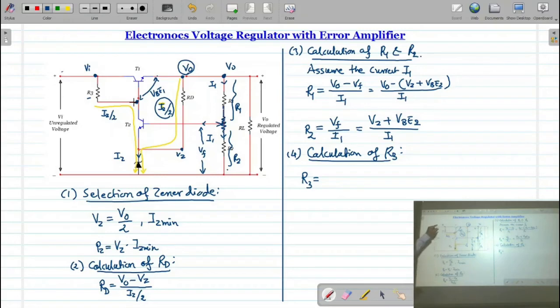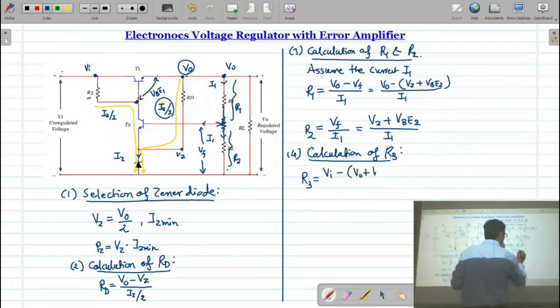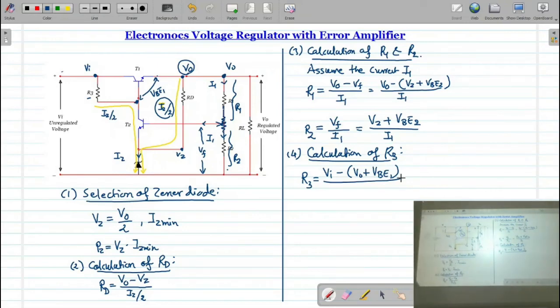So on one end the voltage is VI, on the other end the voltage is VO plus VBE1, divided by the current. Now what will be the current? Here you can see.